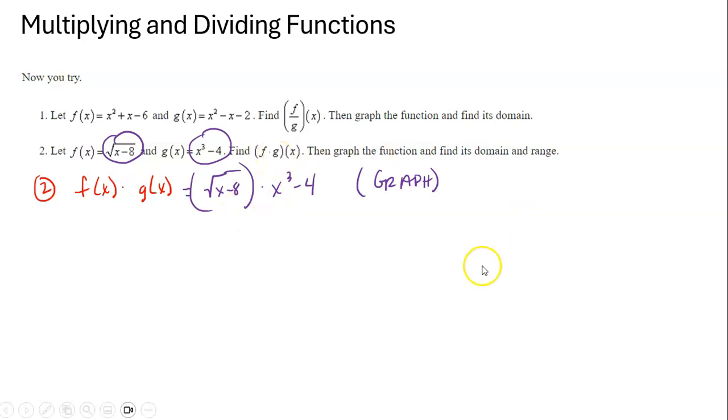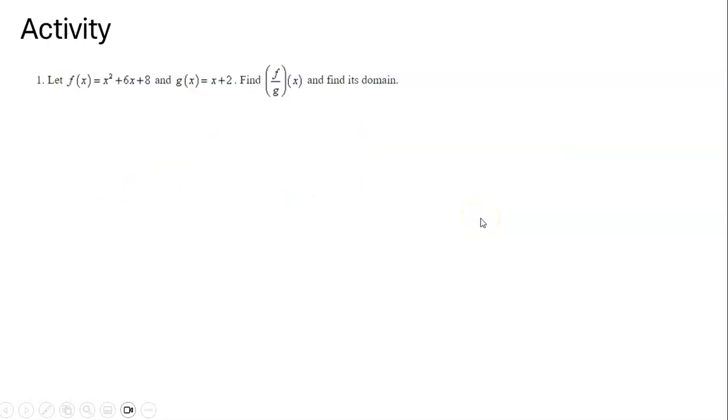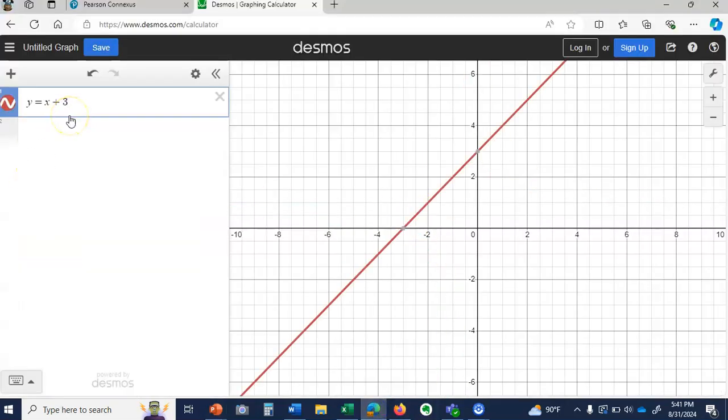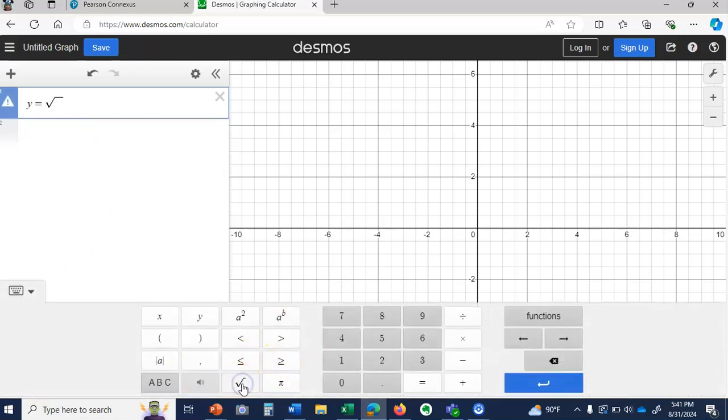So let's go back here, and we have the square root of x minus 8 times x cubed minus 4.